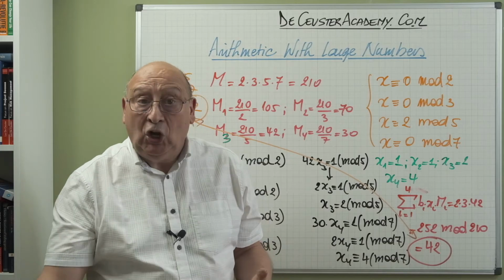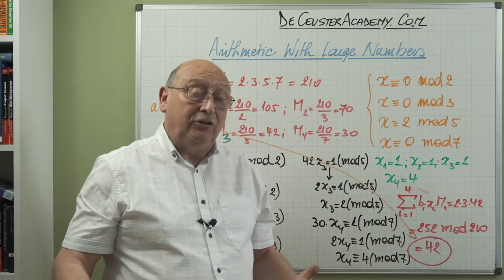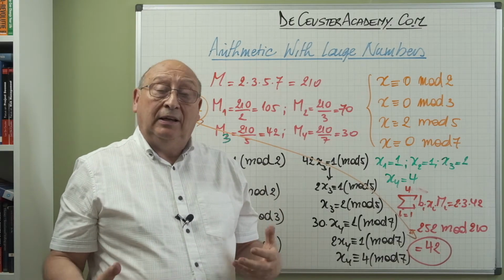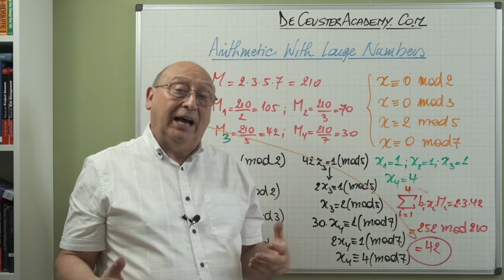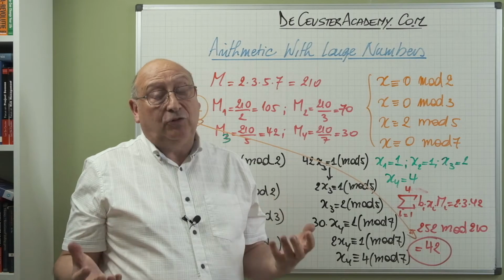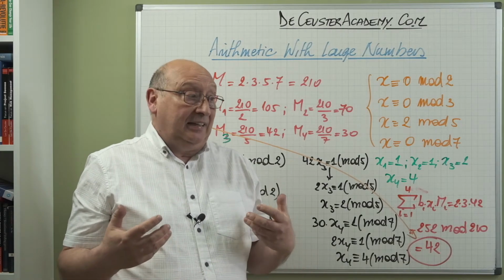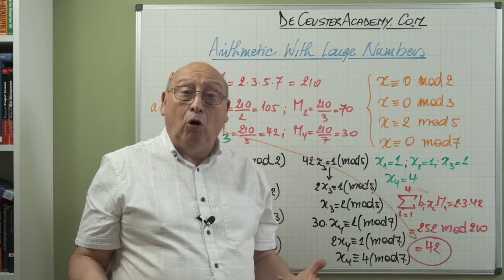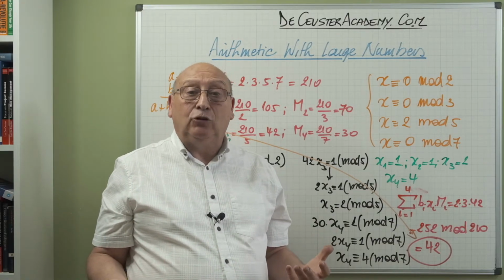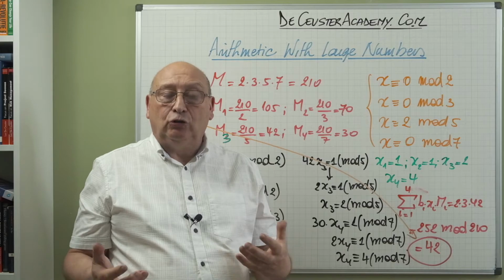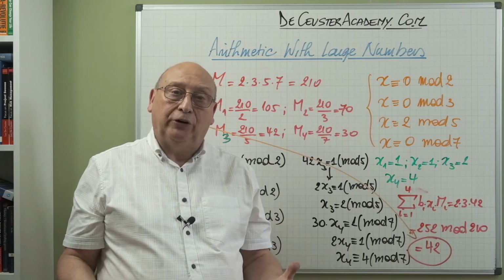So this is the principle of how we will work with large numbers in computer arithmetic. Now, it's very clear in this case that with these small numbers, it's not necessary to do all these complex calculations. It's just easier to show you how this works.